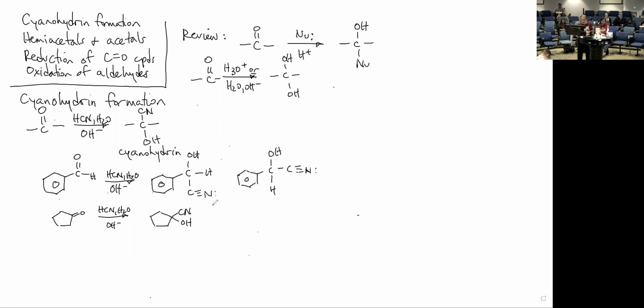And just to give another example, because examples are free, if you took 2-pentanone and treated it with the same reaction conditions, I would expect that you would get that cyanohydrin. And these reactions are usually pretty fast, pretty high yielding, no real problems.